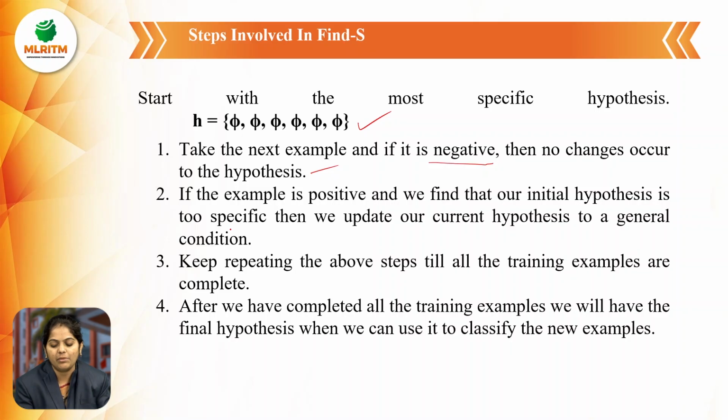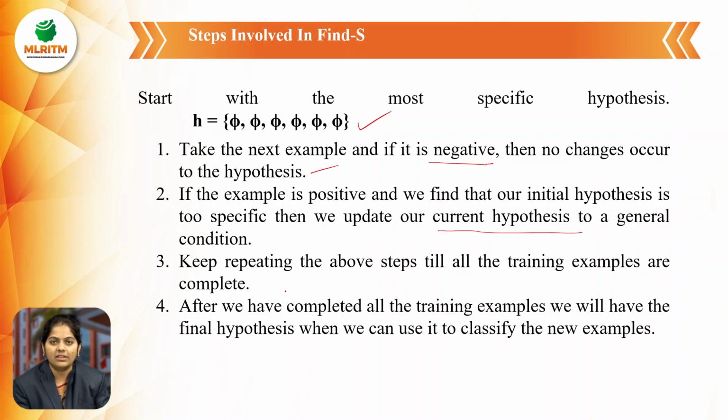Next, if the example is positive and we find our current hypothesis is too specific, then we update the current hypothesis to a more general condition. So whenever we encounter a positive example, we change the current hypothesis to a more general hypothesis. In the next step, keep repeating the above steps until all the training examples are complete.